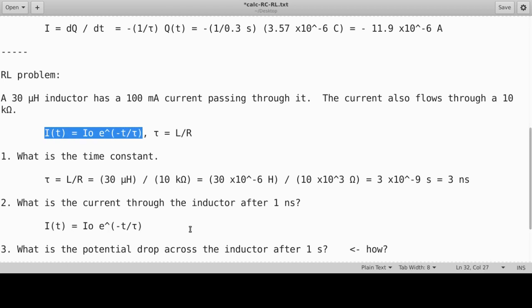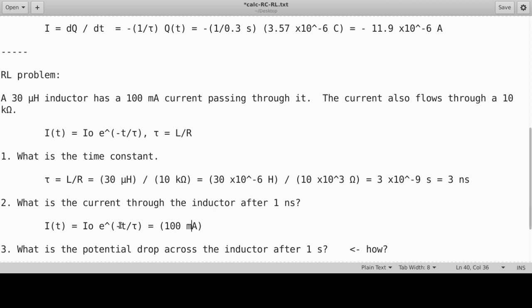Well, it's just this equation right here, and it's as simple as plugging in the numbers. The original current is 100 milliamps. This isn't in MKS, but that's okay, because if I work in milliamps and keep the milliamps there, then the answer will come out in milliamps.